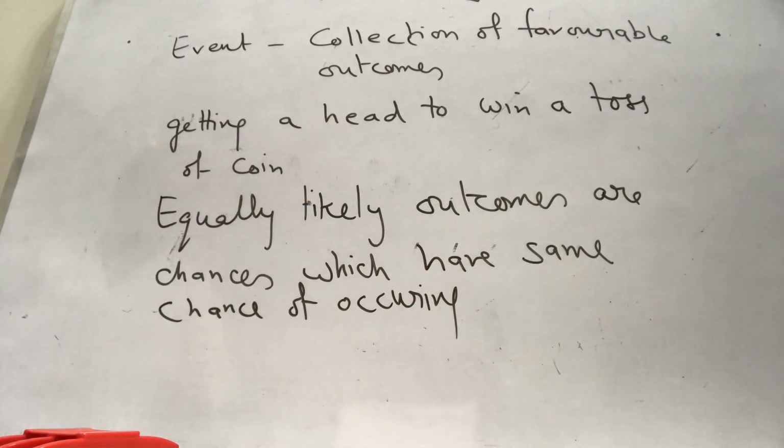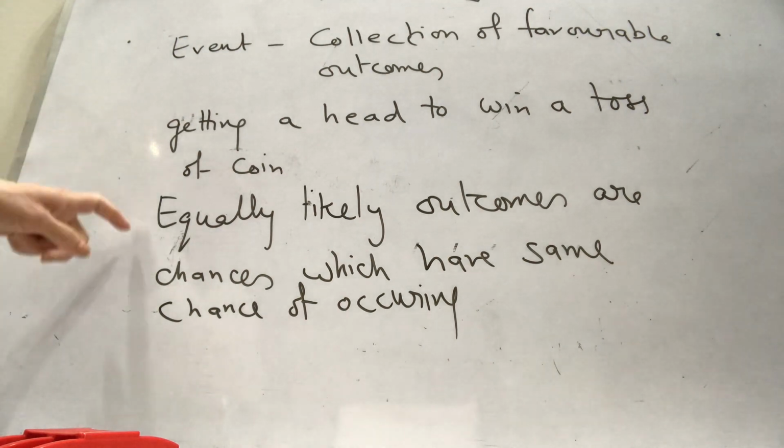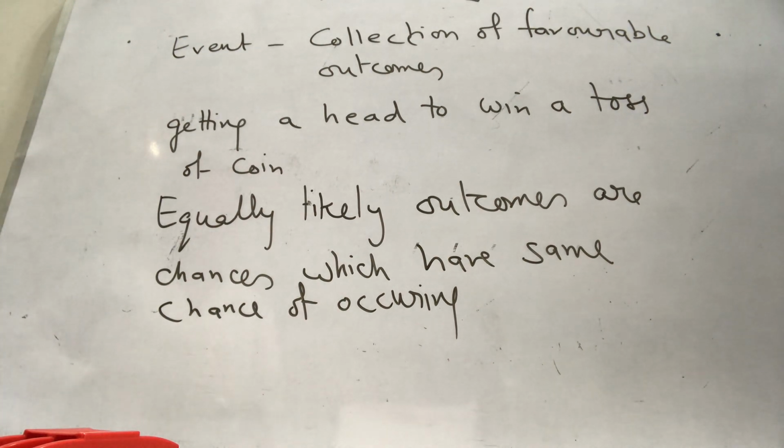So if I toss a coin, I can get a head, I can get a tail. So they have equal chance of appearing. So they are called equally likely outcomes.